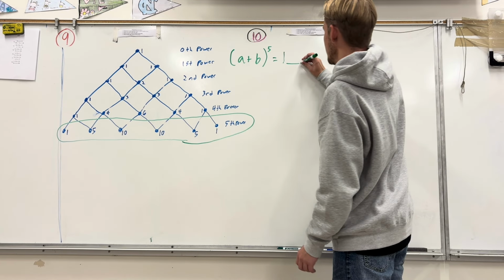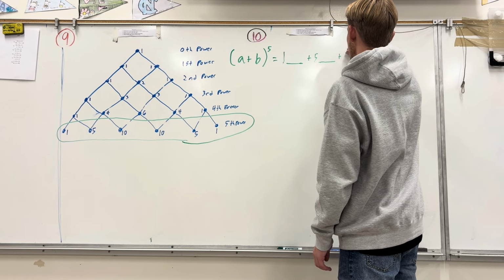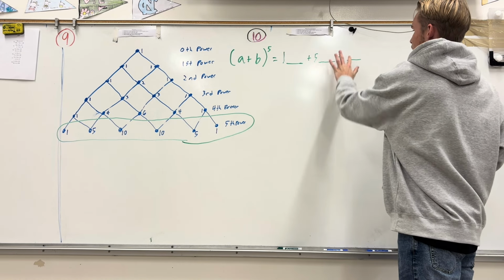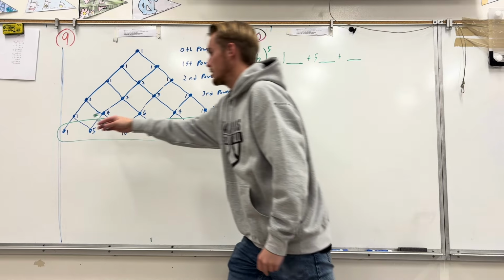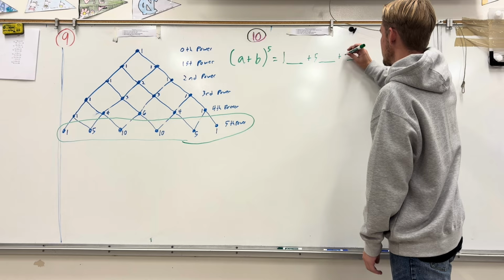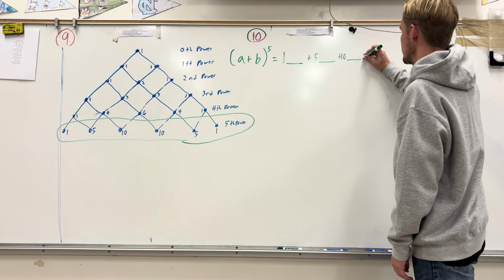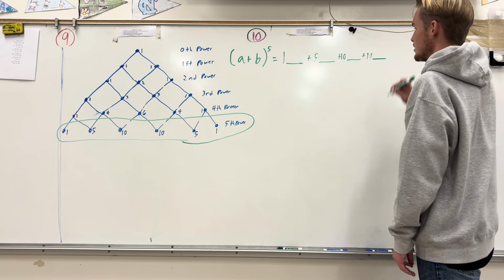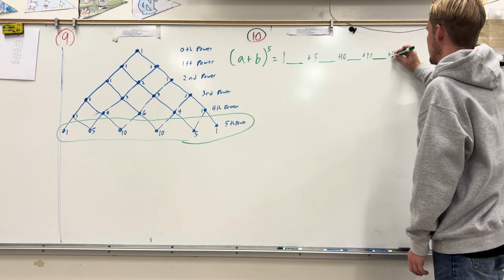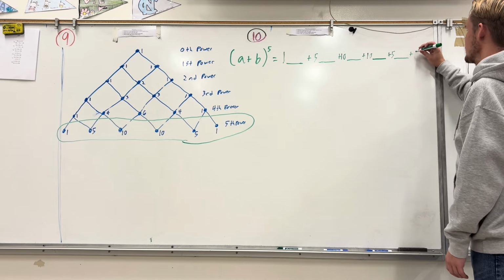So 1 times something plus 5 times something plus 5 times something. My bad. We get the 1 from this right here, we get the 5 from this right here. Next on the tree we have a 10, so this is plus 10 times something. For the 4th thing, we got a 10 here, so plus 10 times something. We have a 5 here, so plus 5 times something. And finally, we have a 1 at the end, so plus 1 times something.